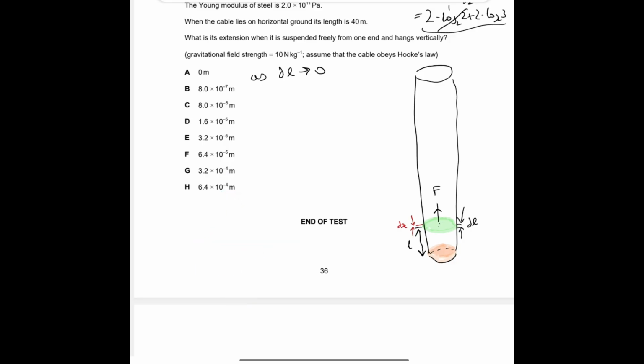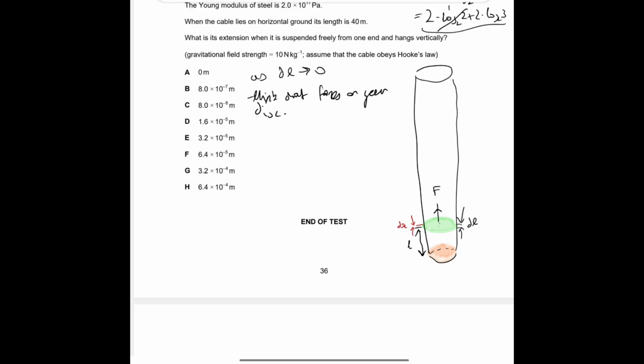So as DL goes to 0, we're going to think about the forces on the green disk. We've got the tension force pulling up from the rest of the cable.